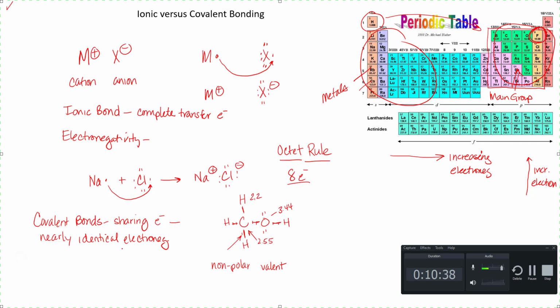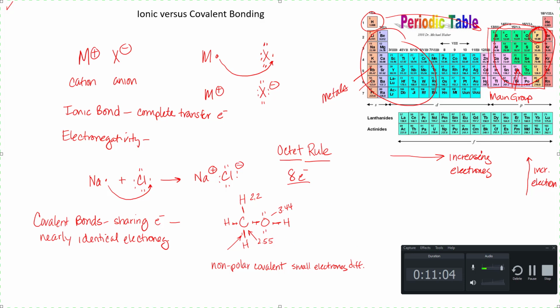The electronegativity difference isn't that much, and so in essence these carbon and hydrogens are sharing those electrons nearly equally. So nonpolar covalent is when you have a small electronegativity difference.